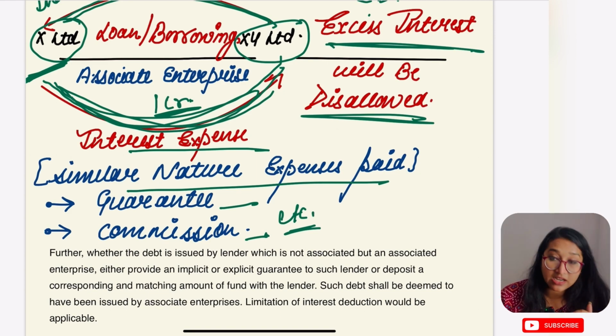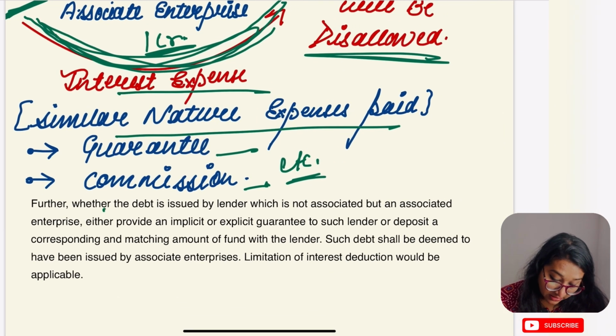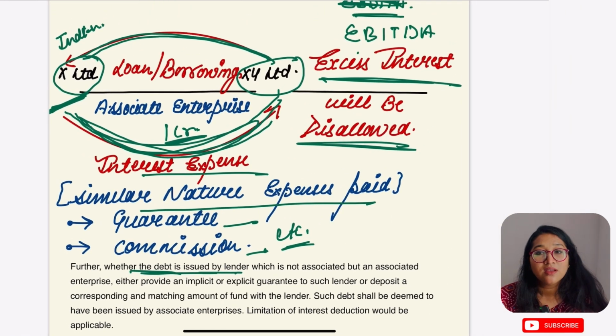And the second condition says that further, where the debt is issued by a lender. Now in the first condition, the non-resident was giving a loan to its associate enterprise. But in the second case, the loan is taken from some other person.